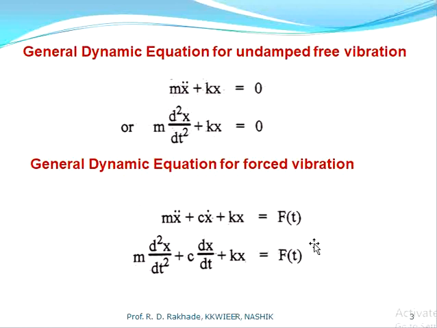So the basic difference between undamped and damped: in undamped there is no external force applied on the system, and in forced vibration there is an application of external force on the system.